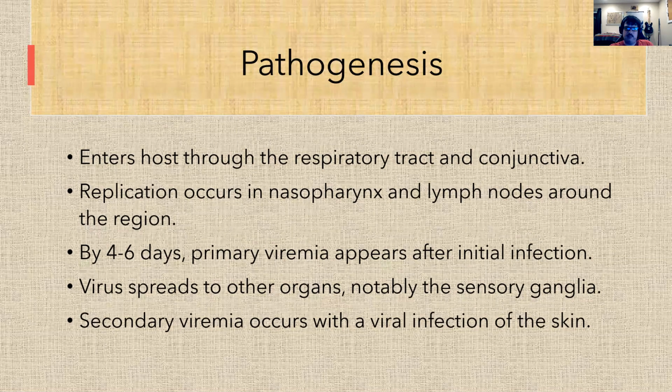The pathogenesis is going to be entering through the respiratory tract with the conjunctiva, and the replication is going to occur there. All the microbes are going to start to grow and multiply in the nasopharynx and the lymph nodes around that region.